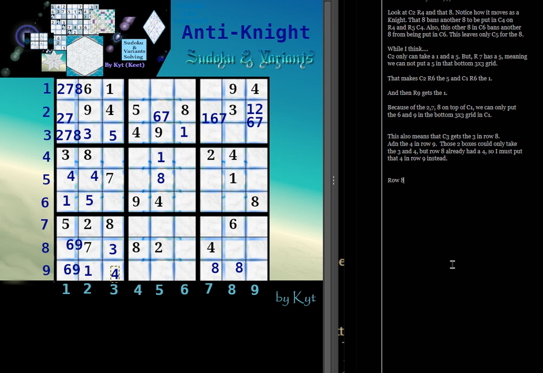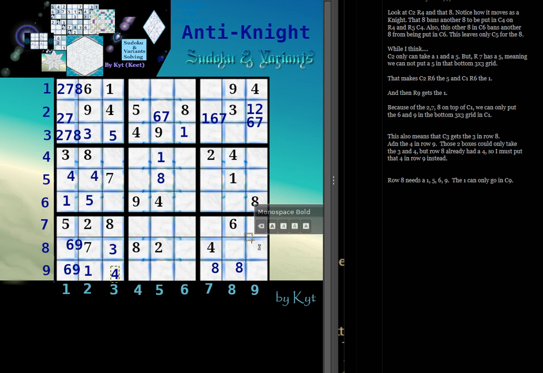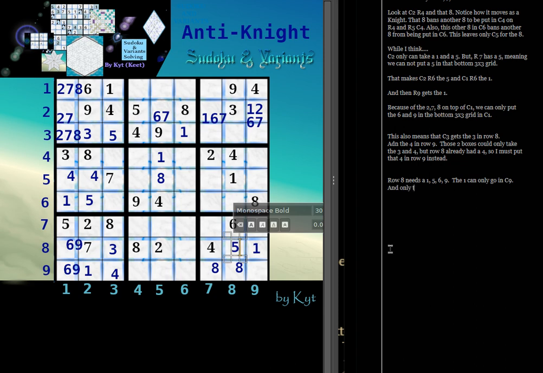Okay, row 8 needs a 1, 5, 6, 9. The 1 can only go in column 9. And only the 5 can go in column 8.